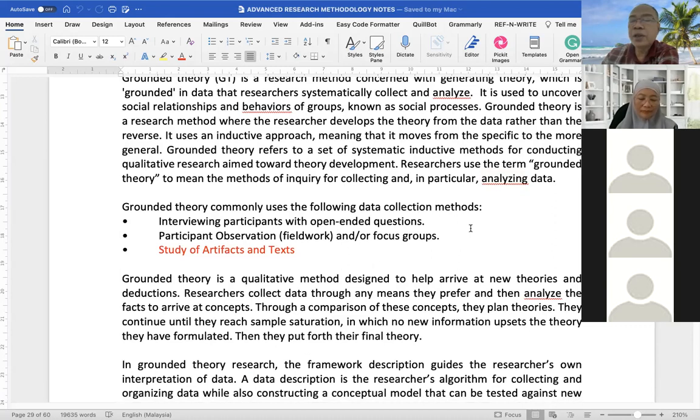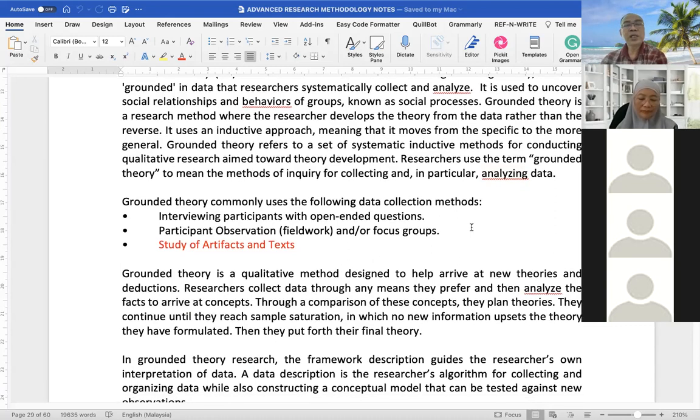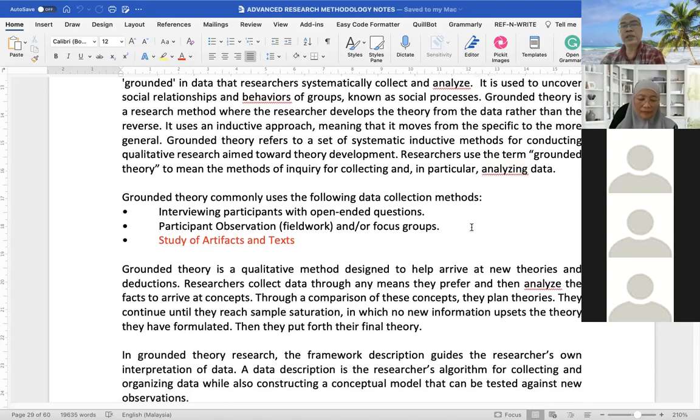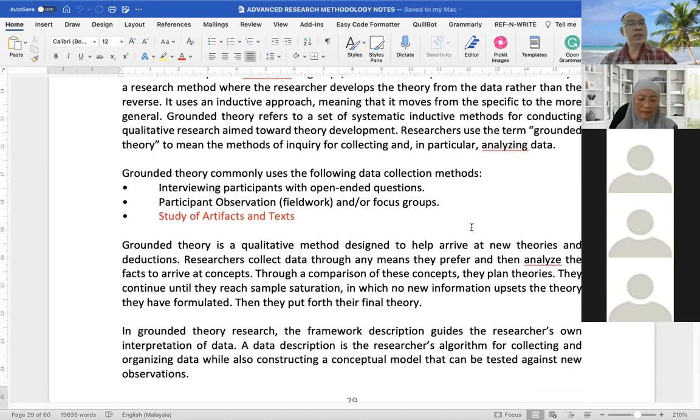Using interview, the researchers will interview the respondents using open-ended questions. Open-ended questions means the researcher will start asking a few questions that are planned, that are written prior to the interview.